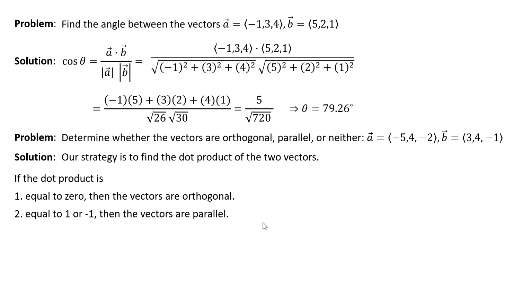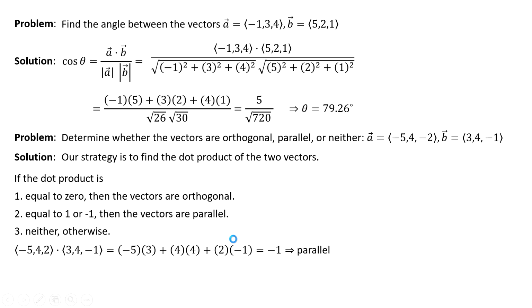Oh no, I think I may be wrong here. I should not say equal to 1 or negative 1.